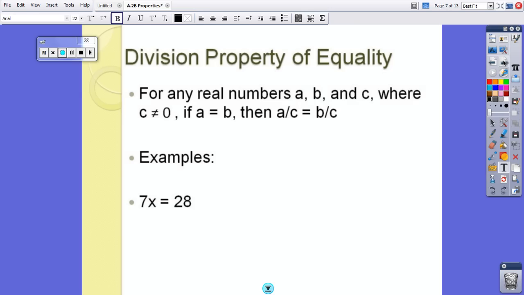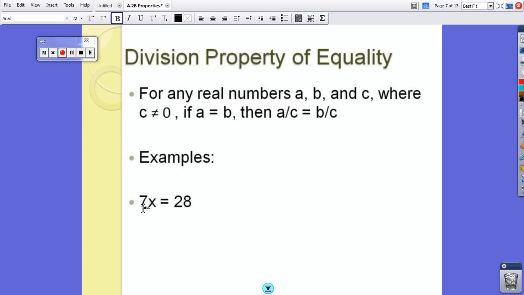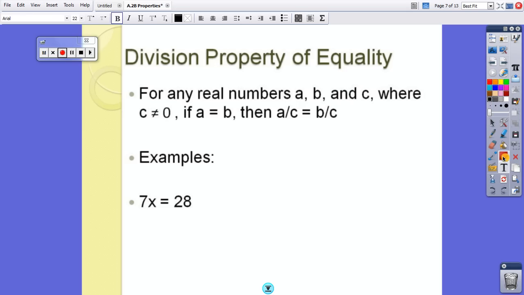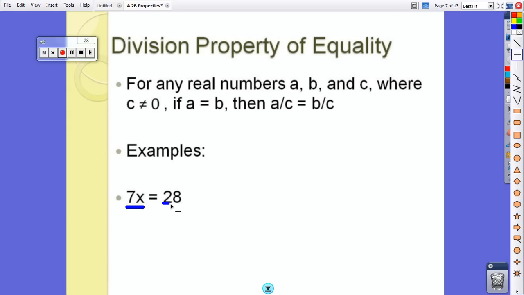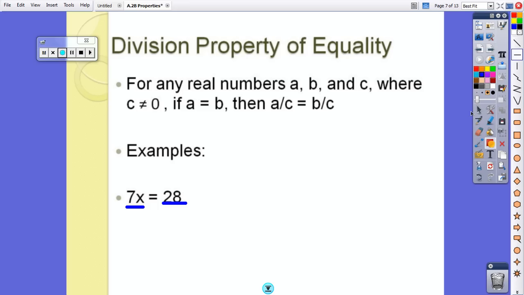The next one is the division property of equality. For any real numbers a, b, and c, where c cannot equal 0, if a is equal to b, then a divided by c equals b divided by c. In our example, we have 7 times x is equal to 28. To solve this equation, we have to divide both sides by 7. So I'm going to put in a division bar for each side.